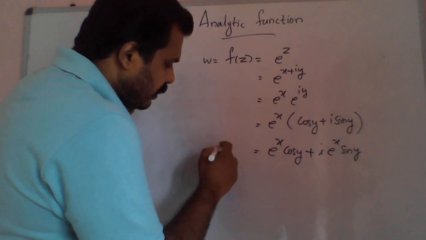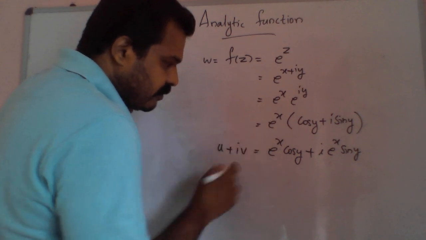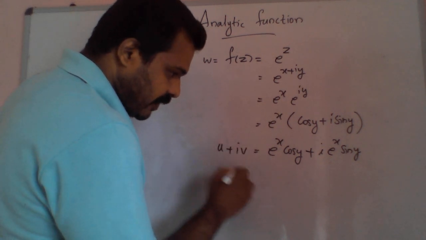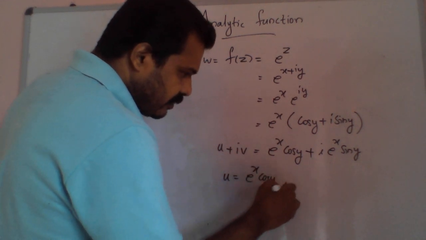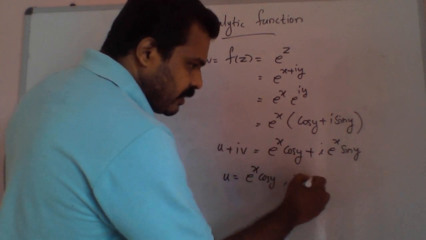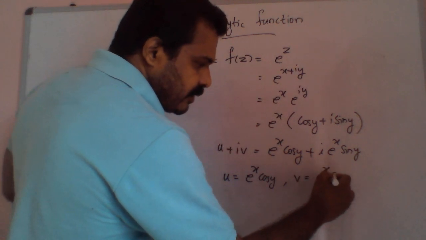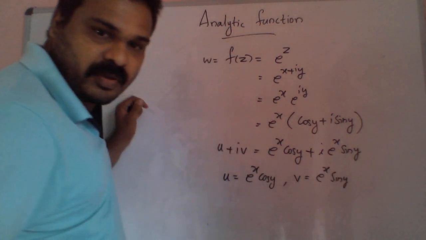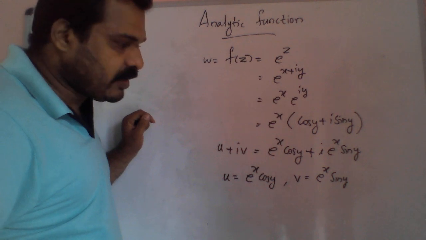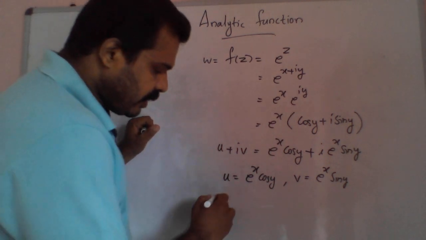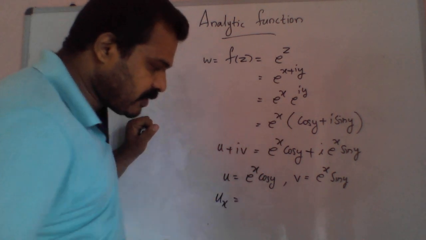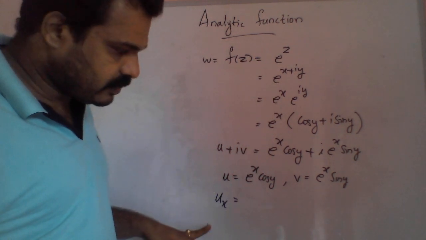So the left side is u plus iv. That is, the real part u is e raised to x into cos y. The imaginary part v is equal to e raised to x into sin y. Then ux, differentiating u with respect to x.